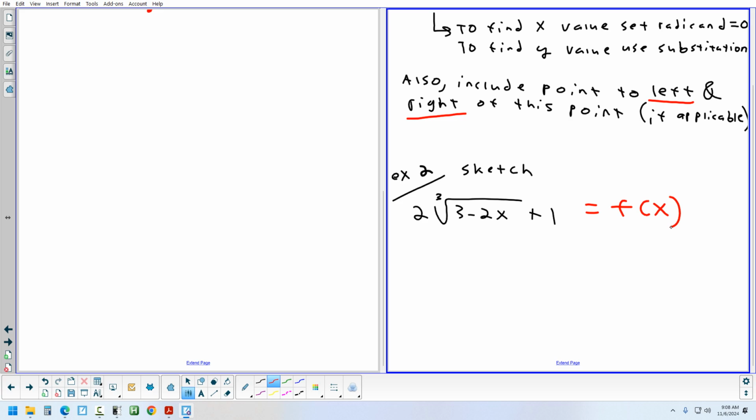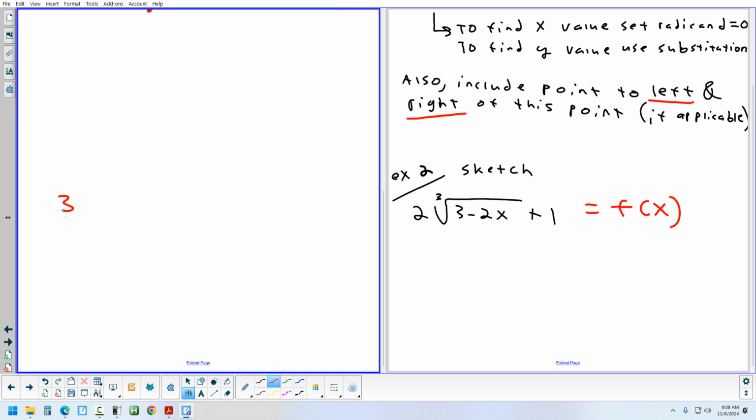So to find the x value of the center point, set the radicand equal to 0 and solve. Okay. What's the radicand in this one? Wouldn't it be 3 minus 2x? 3 minus 2x. So it says set the radicand equal to 0 and we solve.